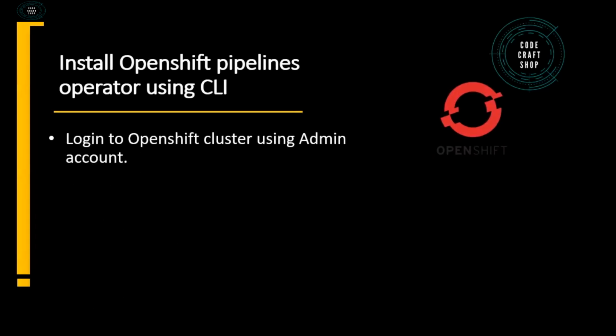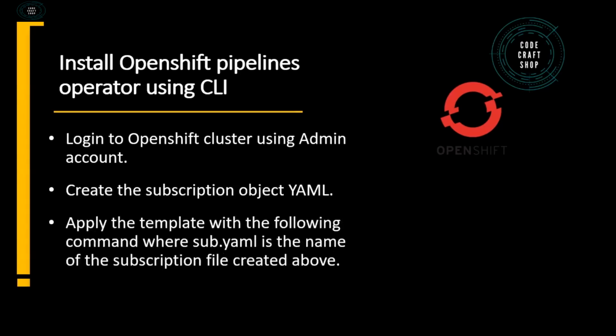In order to install it using the command line tool, we will need to log into the OpenShift cluster using the admin account, and then we need to create a subscription object, which I will show you later in the demo. And using that subscription YAML script, we can create the OpenShift operator. We need to execute the following command: oc apply -f sub.yaml.